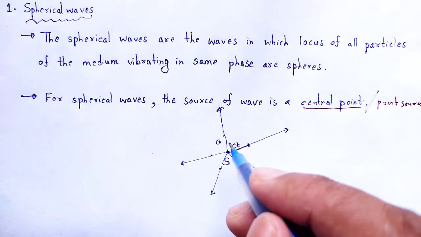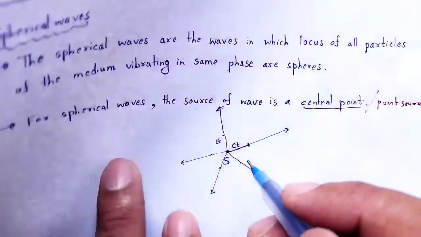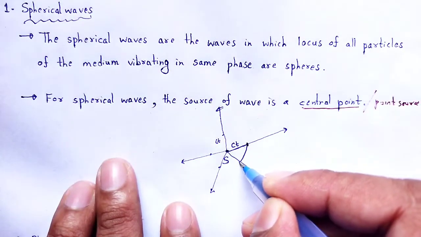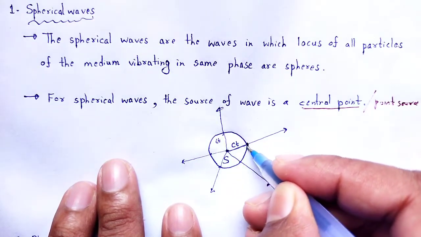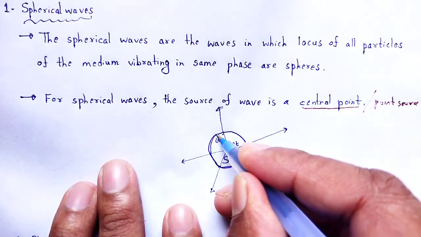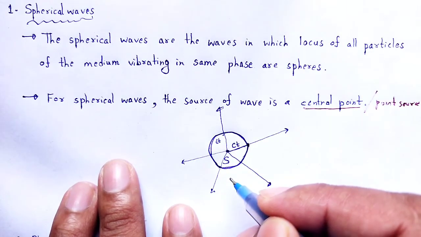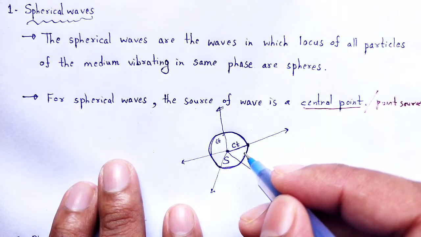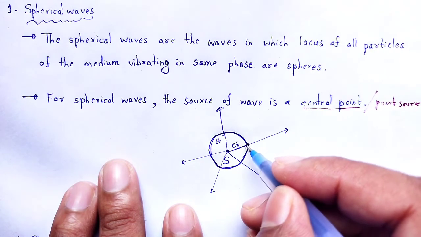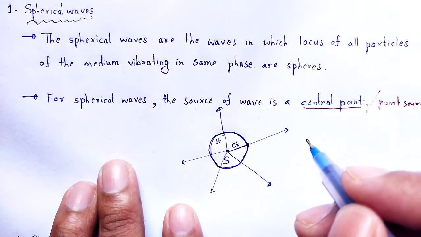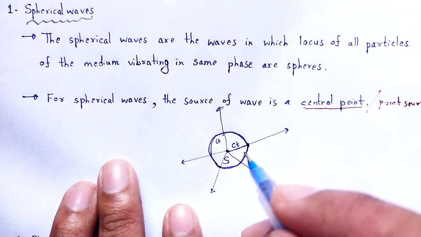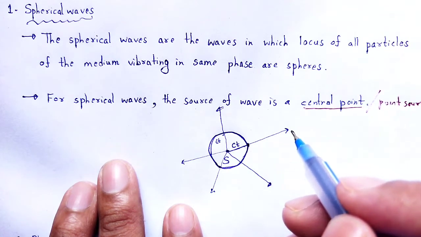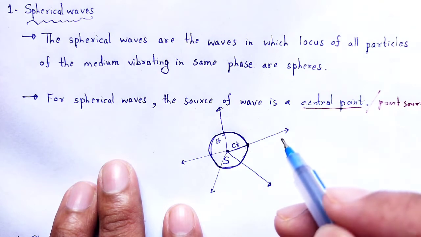The surface of the sphere at that particular instant t represents a wave front at that instant, as we discussed in the earlier videos regarding the concept of wave front or spherical wave front.